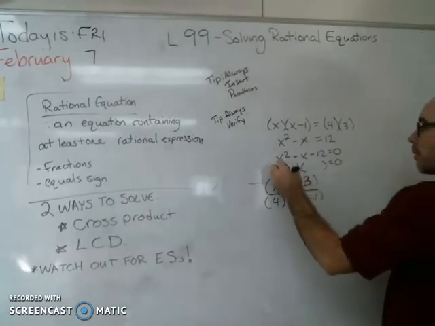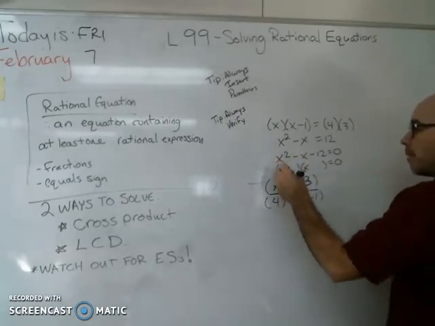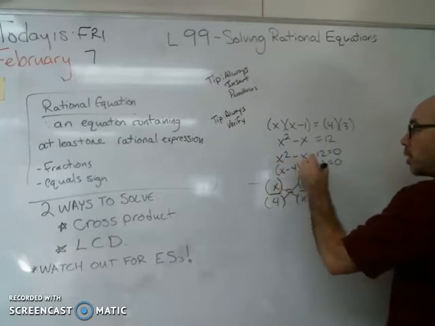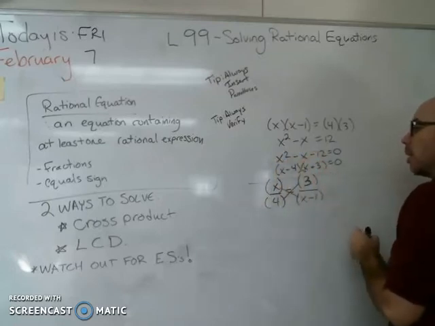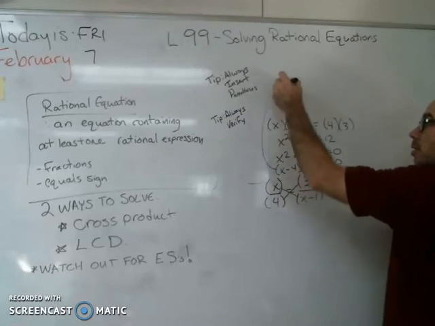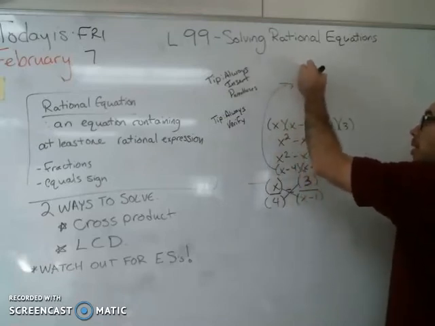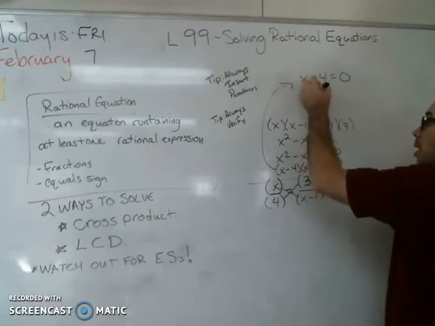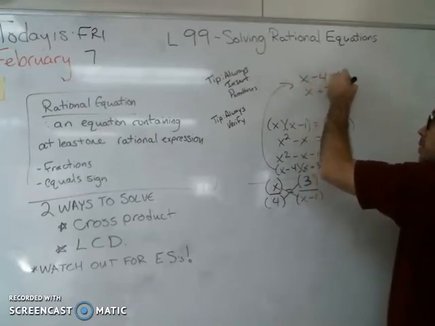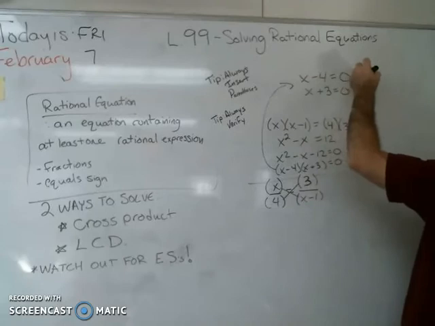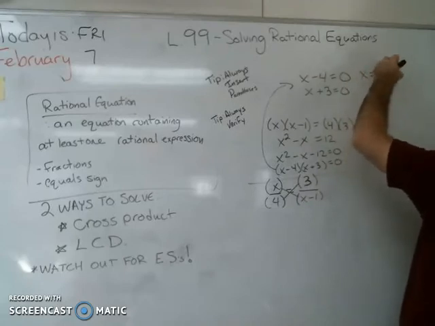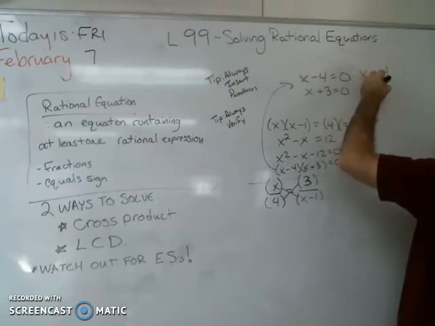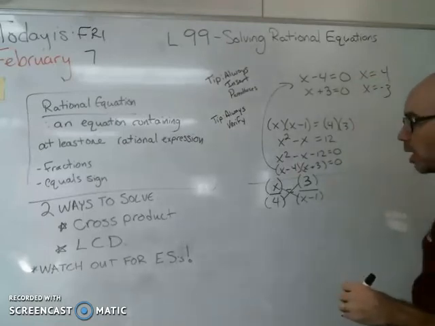So if we factor this, we've got a -4 and a +3. And using the zero product property, we know that if x minus 4 equals 0, this equals 0. And we know that if x plus 3 equals 0, then this thing equals 0. So therefore, x is 4, or x is -3.